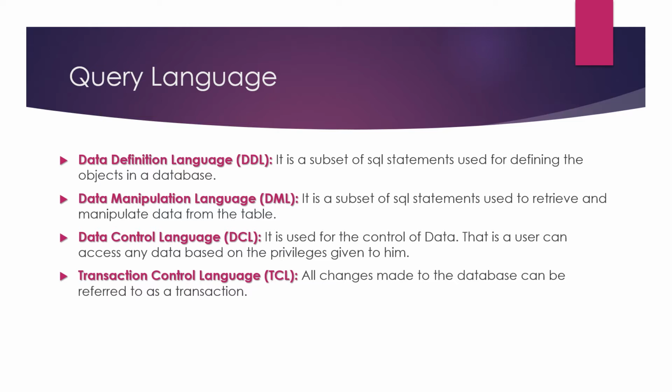This kind of privilege setting can be given by the administrators, so we can say that the administrator has the whole control of the data. Who can access the data, and to which extent, all these privileges can be set by the administrator, and these queries are handled under the data control language. And the next one is transaction control language, TCL.